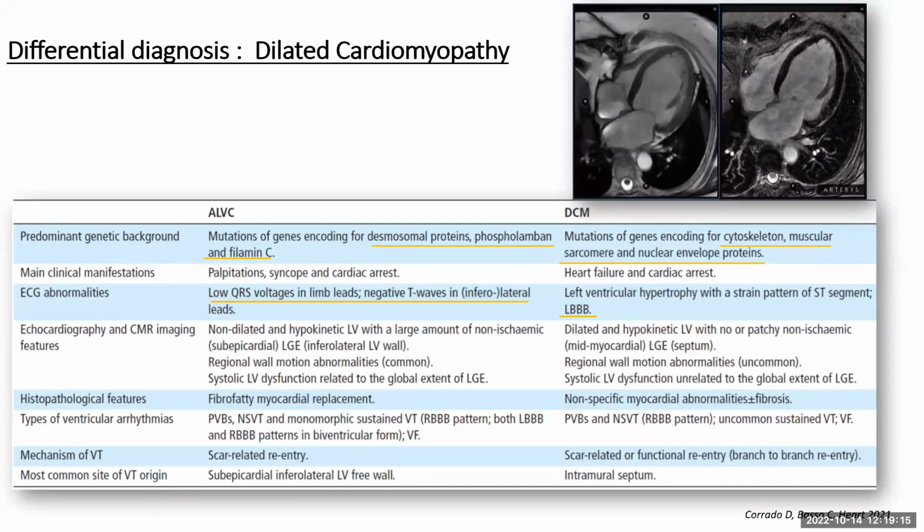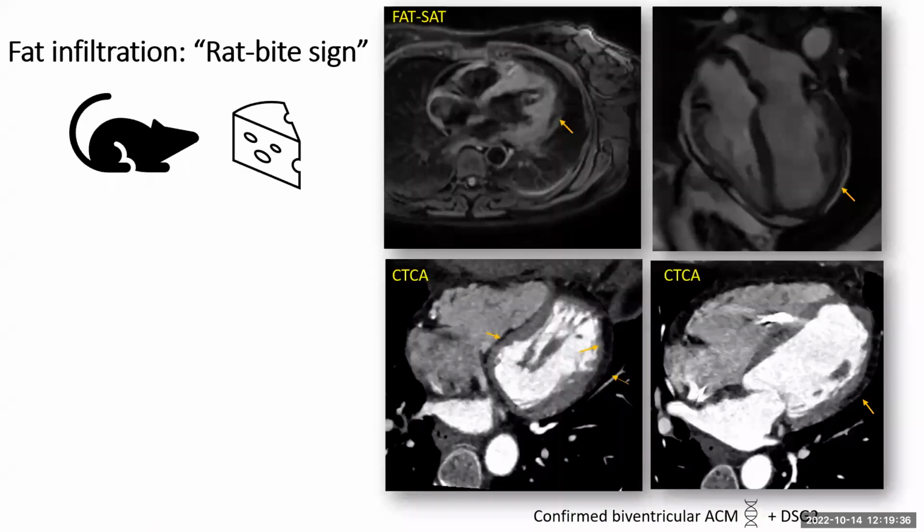We can see on the right the classical example of a DCM with significant adverse remodeling despite the absence of LGE and the presence of the so-called apical rocking, which, as you know, is a marker of desynchrony and also a reported predictor of favorable response to cardiac resynchronization therapy.